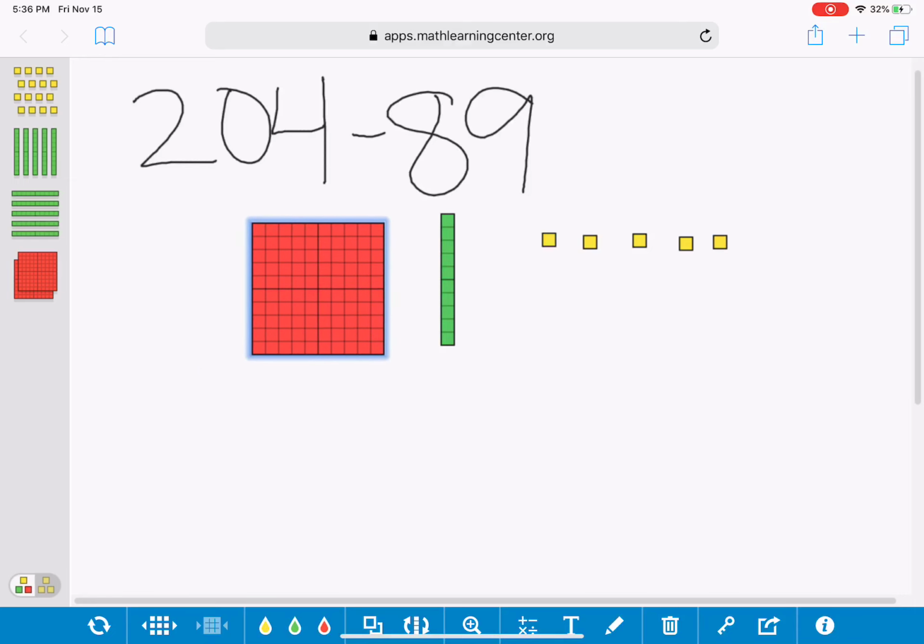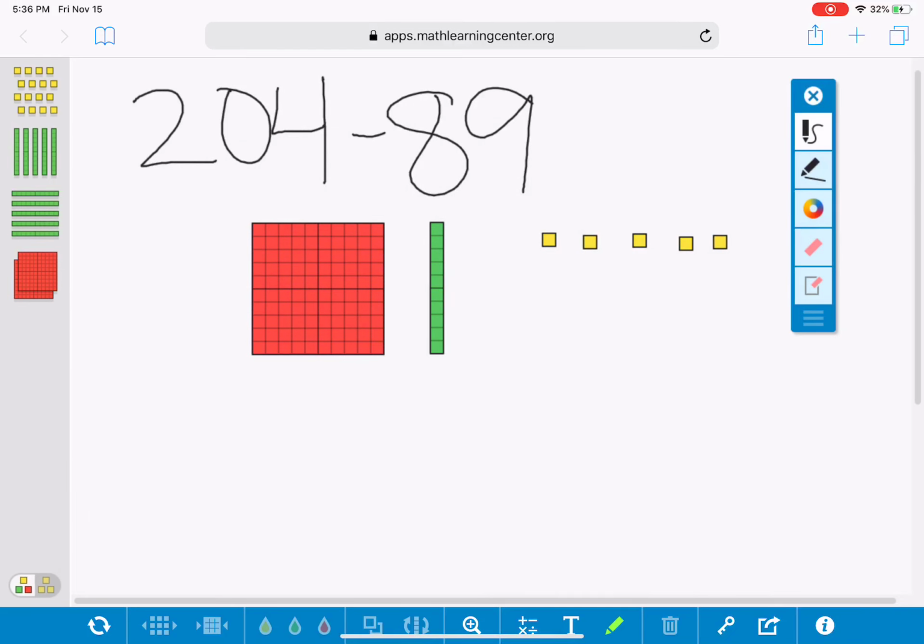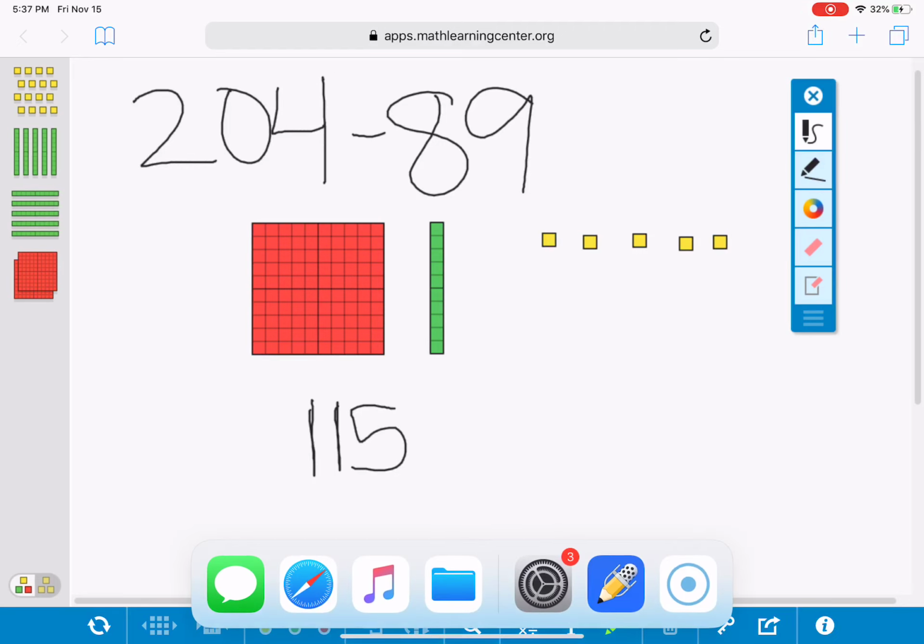Therefore, that would be equal to 1 flat, or 100. So the students would put the remaining manipulatives together to get the answer of 115. So moving on to the second strategy, which is for 3rd grade.